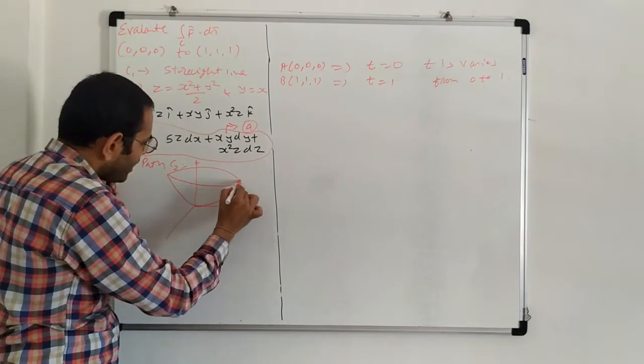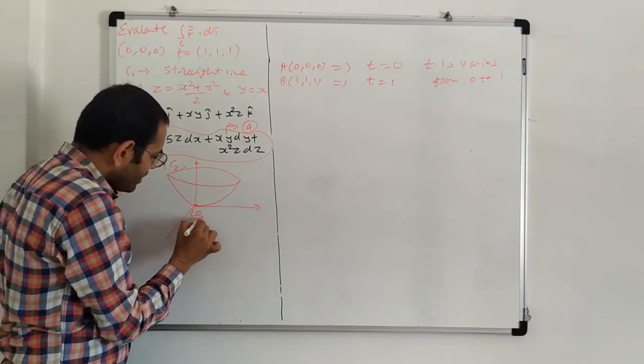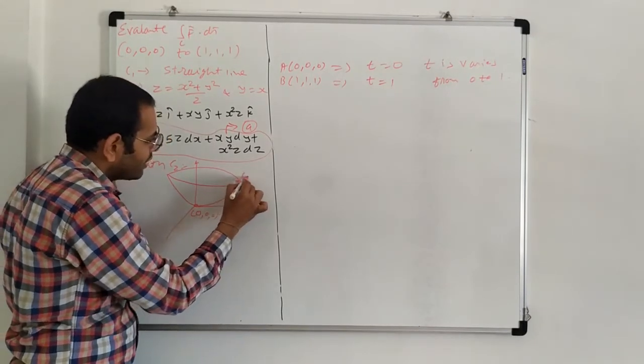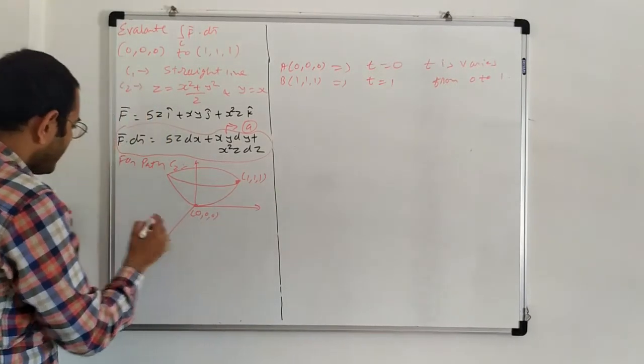That is the equation of the paraboloid. That is our (0, 0, 0), and that is our (1, 1, 1).